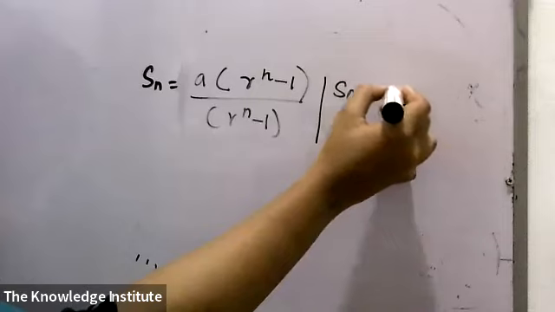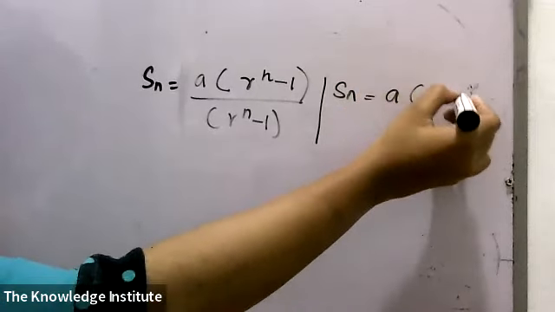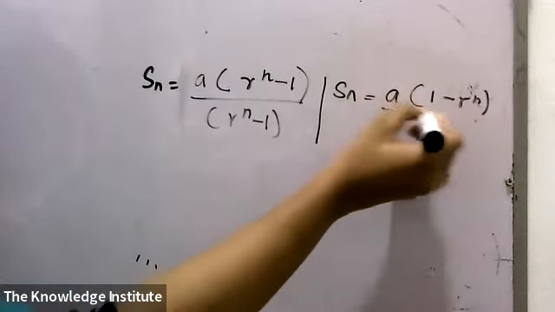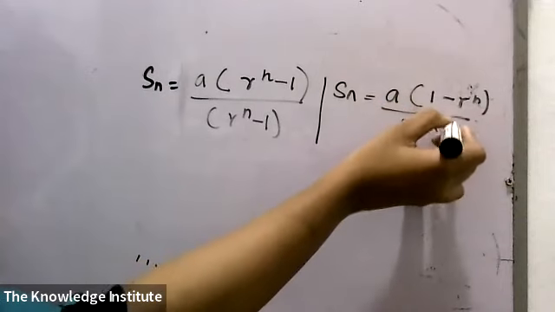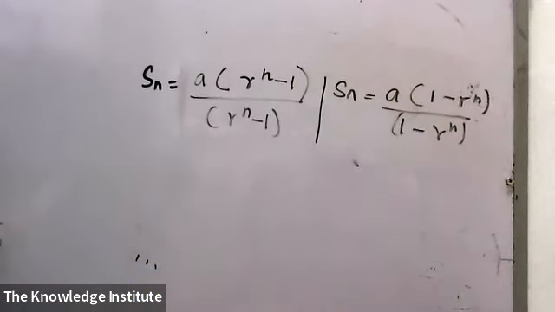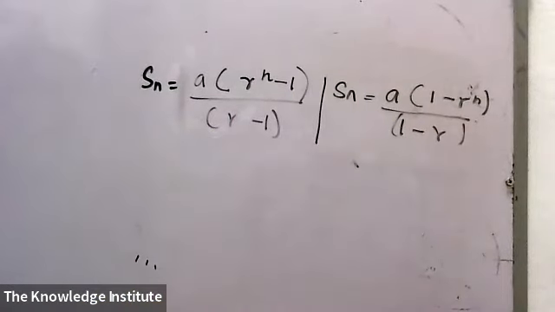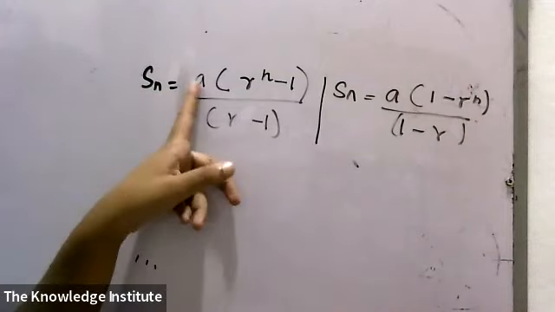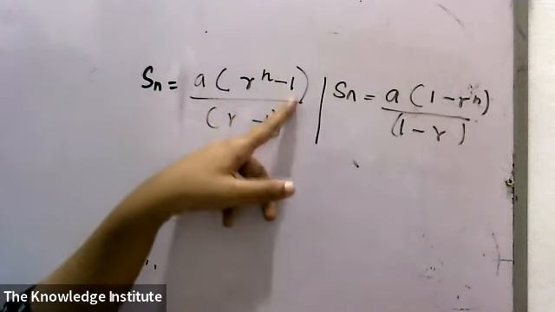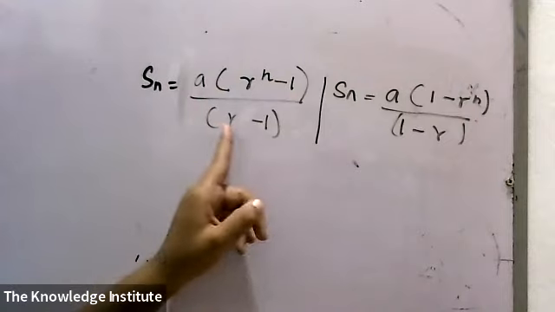Second one is Sn equal to a times 1 minus r to the power n over 1 minus r. Okay, so here n, here also n. First equation: Sn equal a times r to the power n minus 1 over r minus 1.